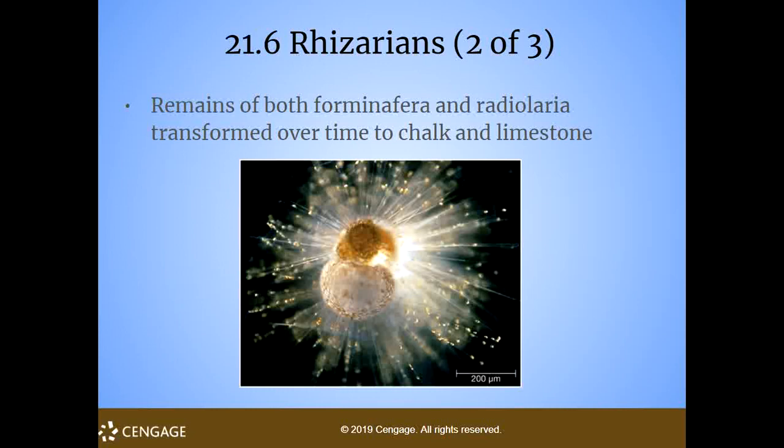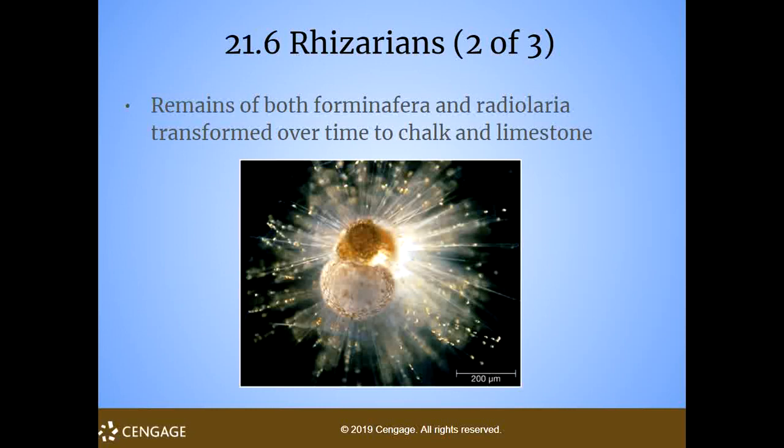They have actually determined that the stone that was used for the pyramids in Egypt is largely made of shells of these Foraminifera, which probably were shed on the ocean floor 50 million years ago. That's pretty interesting to me. So when you find chalk or limestone, it's going to be a combination of these Foraminifera and Radiolaria. And this has been going on for 500 million plus years.